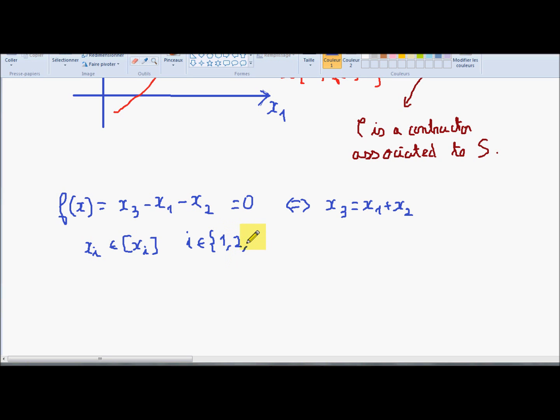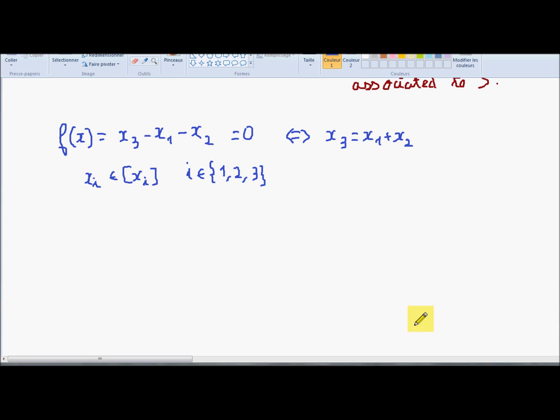For this simple equation, I can write that x3 belongs to [x3], but thanks to this equation it also belongs to [x1] plus [x2].